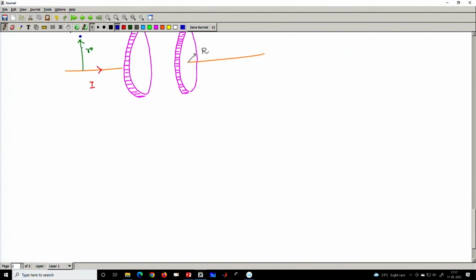So, I should find the magnetic field B at point P. I can use Ampere's rule, that the closed line integral of B dot dl is equal to mu 0 times the current enclosed.